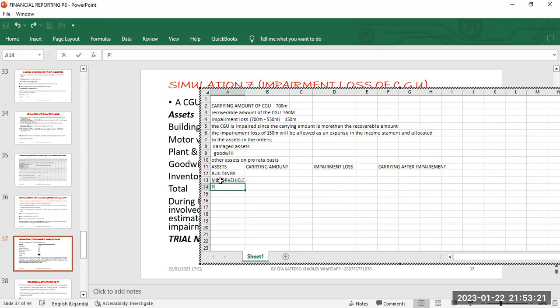Permit me to use PPE, plant and machinery. Then we have goodwill. Then we have inventory. Of course, the last one is our totals.